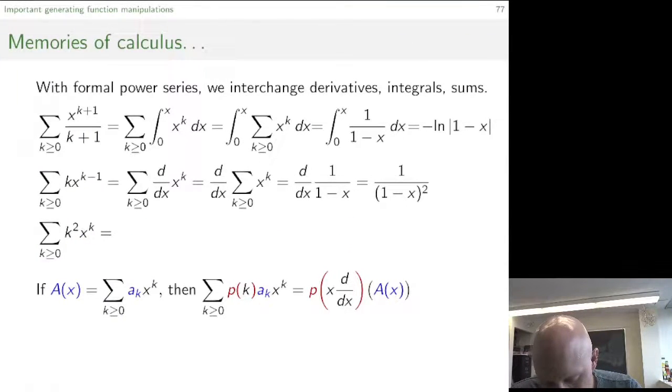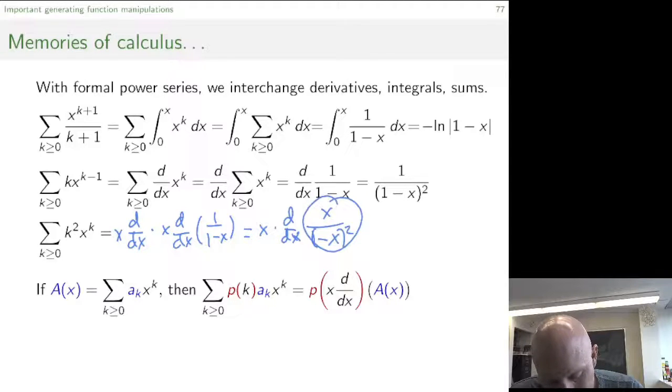Okay, so let's go through those steps. x d/dx times x d/dx of 1 over 1 minus x is equal to x times d/dx of x over 1 minus x squared. The derivative of this, we'll have to use the quotient rule. Low d high minus high d low, times negative 1 over low squared.